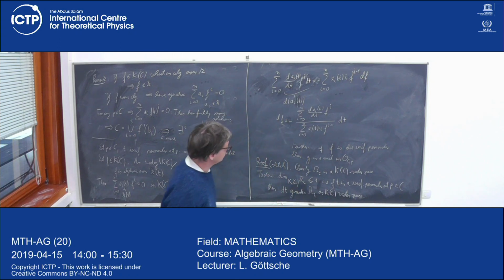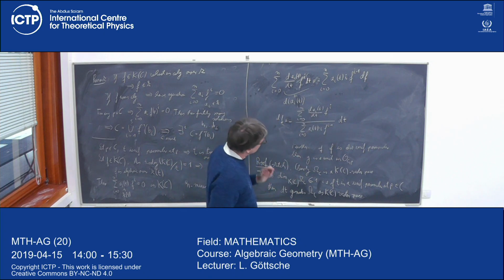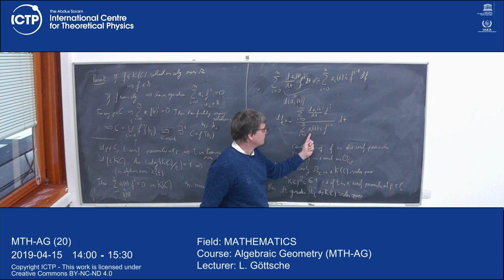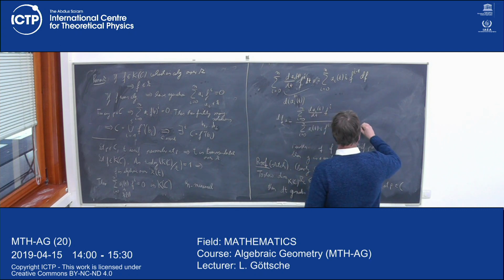And then finally, we express f in this form. Obviously, this only works if the denominator is not the 0 function. But the denominator cannot be the 0 function, because this would mean that I have a relation of degree 1 less for f. So the denominator is not 0.